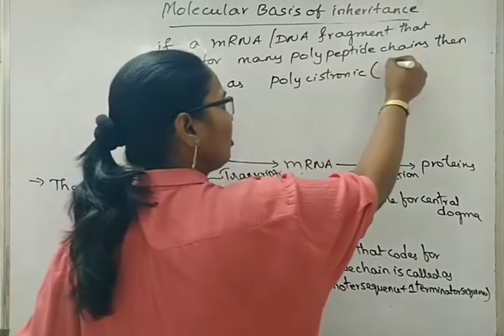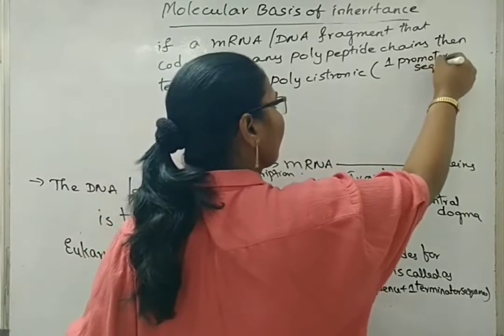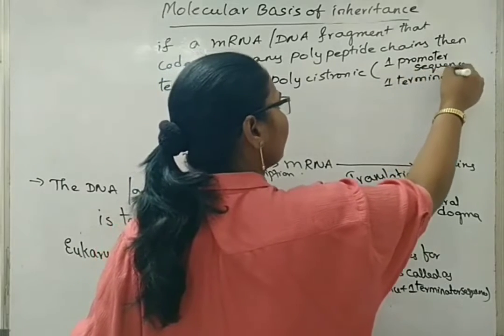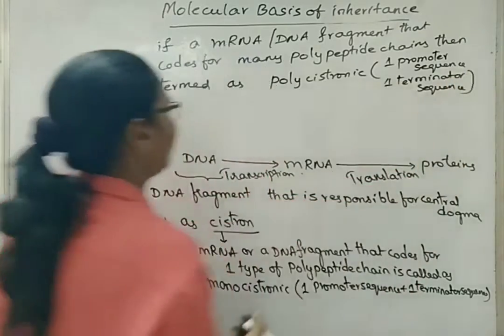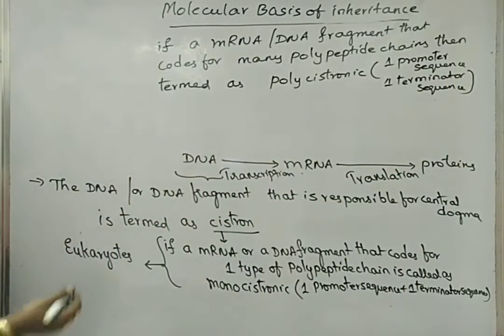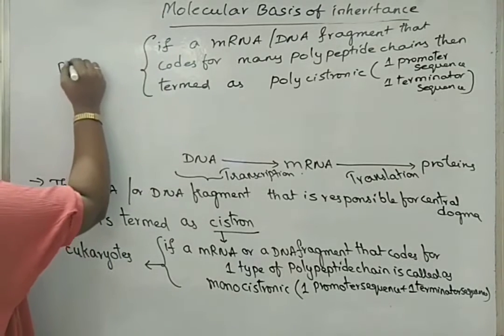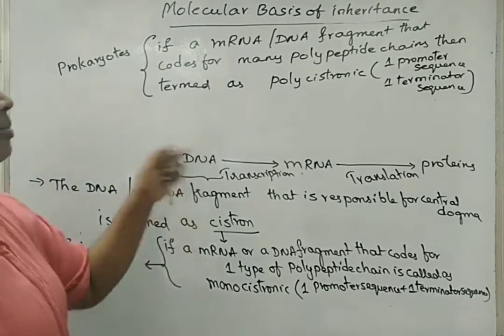In polycistronic also, one promoter sequence, one terminator sequence. This polycistronic condition is seen in case of prokaryotes. Then how is it possible?